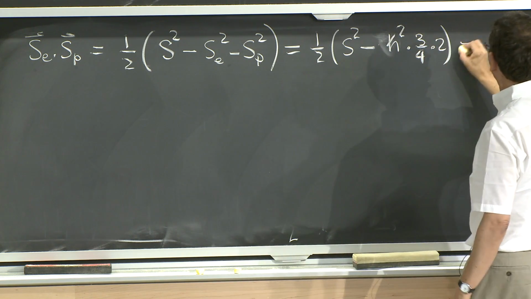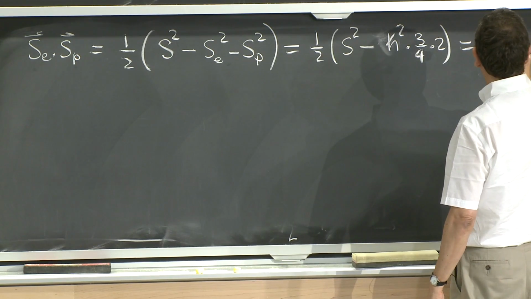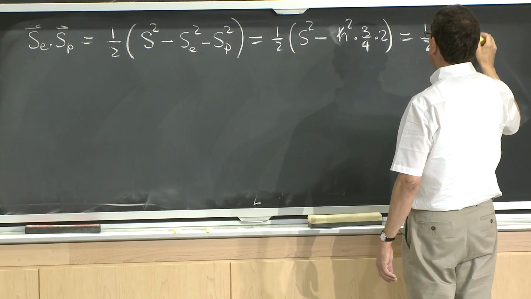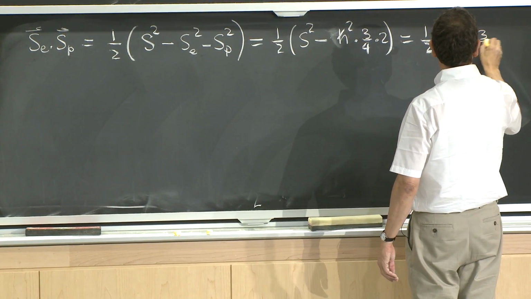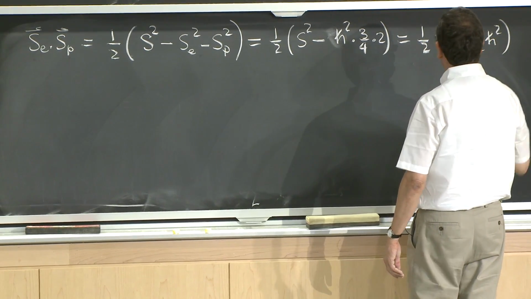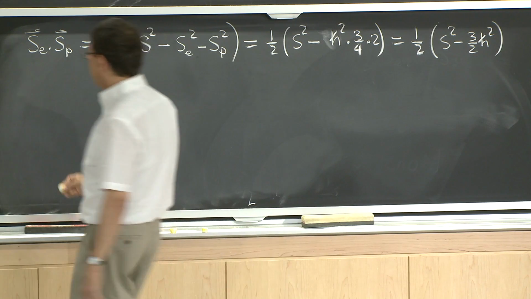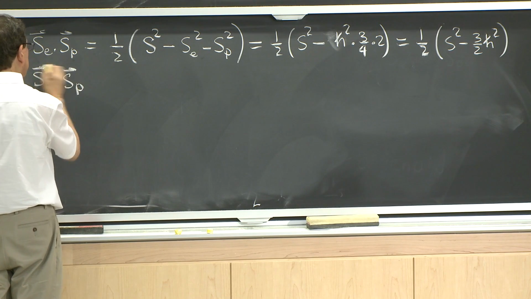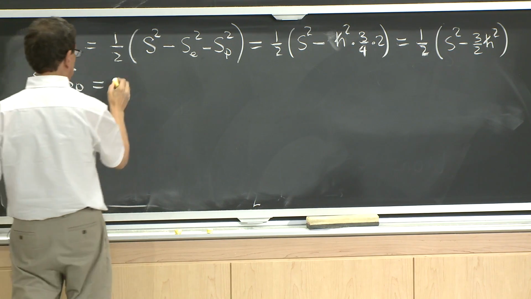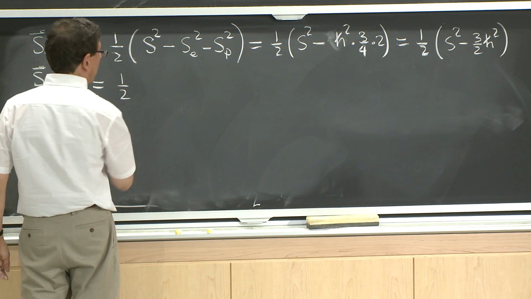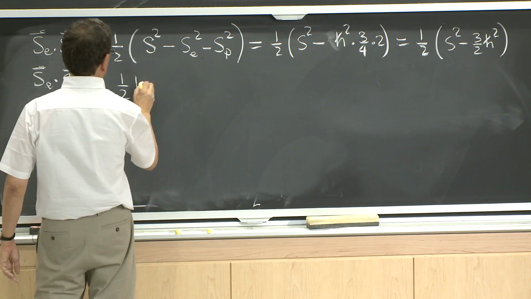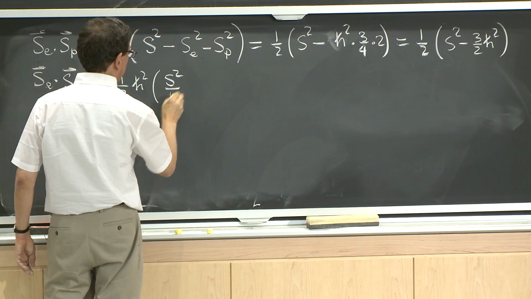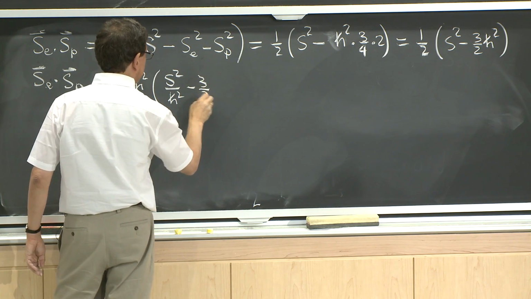So it's 1/2 S squared minus 3/2 ħ squared. So we can write SE dot SP as 1/2 ħ squared times S squared over ħ squared minus 3/2.